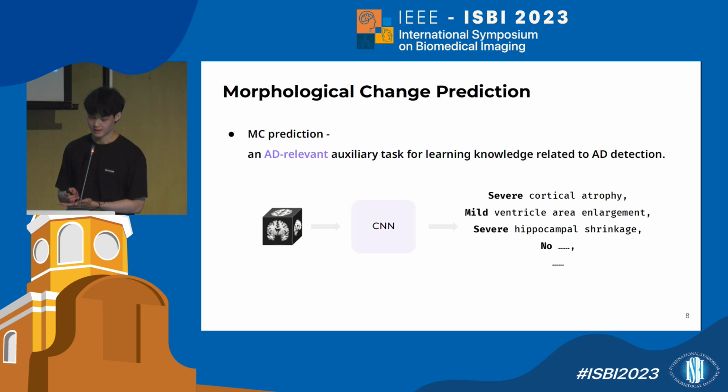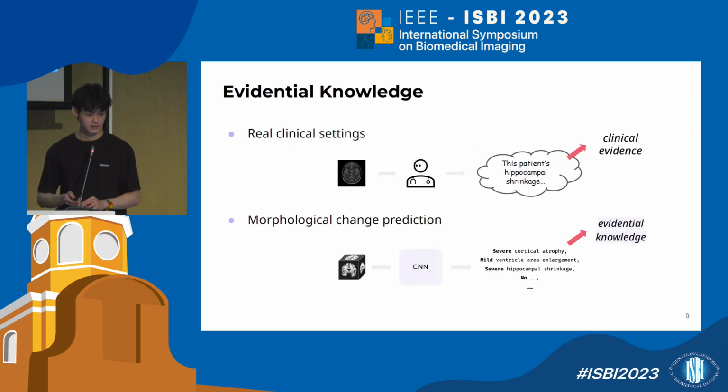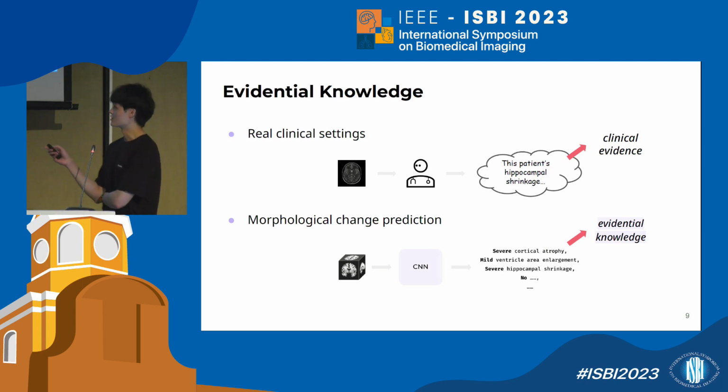Inspired by that, we present an AD-relevant auxiliary task named morphological change prediction, MC prediction, to learn the morphological features of the MRI scan, which is knowledge related to AD. Here we argue that such knowledge is the evidential knowledge for AD detection, as the whole process of MC prediction imitates the real clinical setting where the radiologist reads the MRI scan and finds clinical evidence to support their diagnosis.